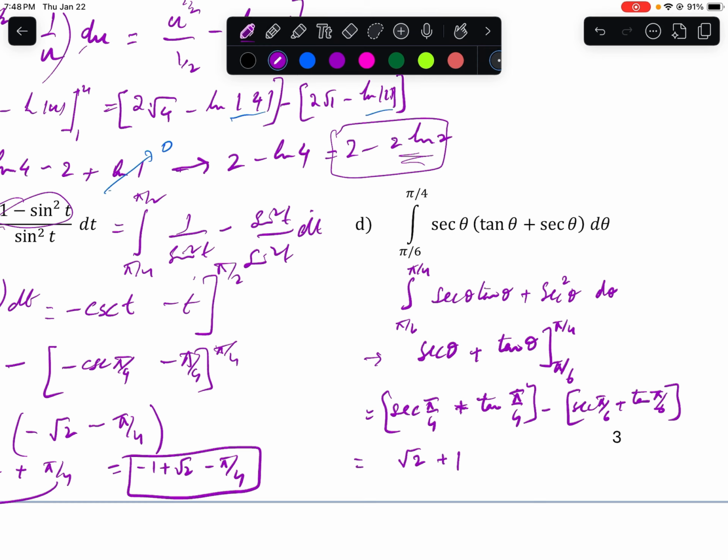minus, okay, secant of pi over 6. How do we figure that out? Well, remember, sine of pi over 6 is 1/2. So cosine of pi over 6 will be square root of 3 over 2. So secant of pi over 6 will be 2 over square root of 3.